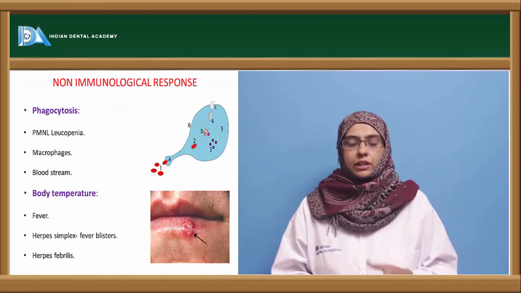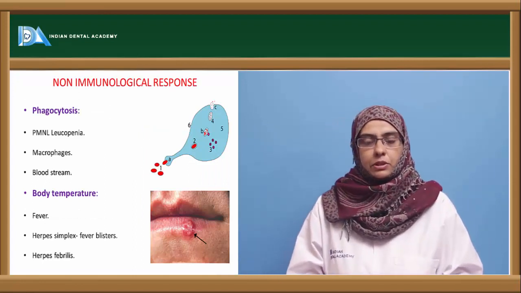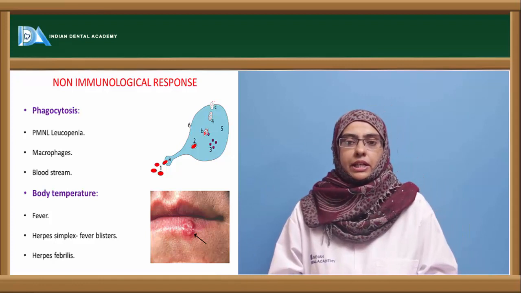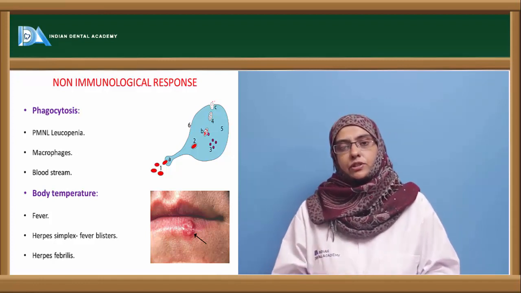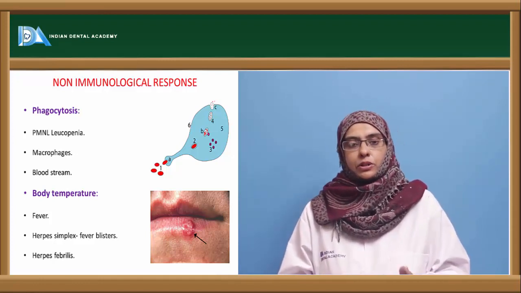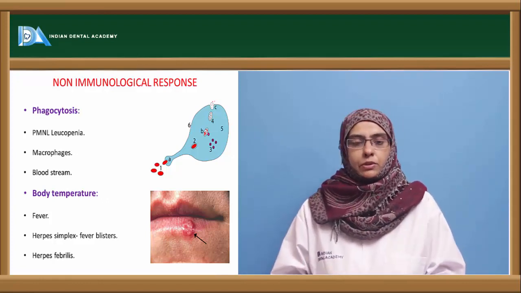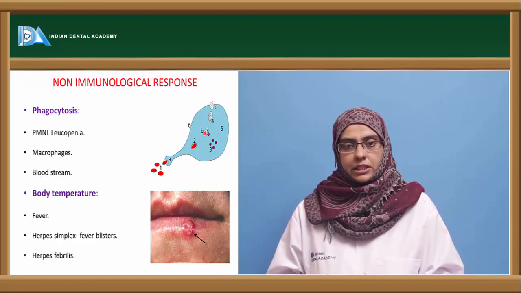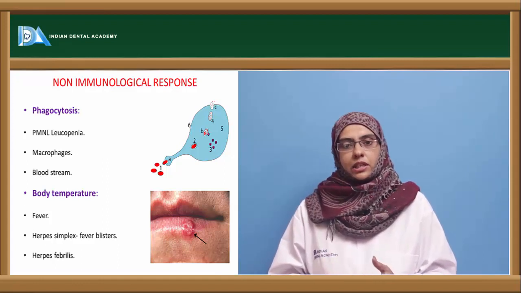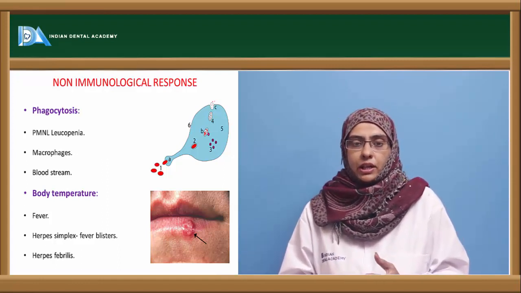Now, next, coming to non-immunological response, which is an innate immunity that comes forward to protect our body against viral infections. Coming first to phagocytosis, it is a process of engulfment of the foreign particle by the different cells of the immune system. The most important cells involved in phagocytosis are the macrophages and polymorphonuclear leukocytes.